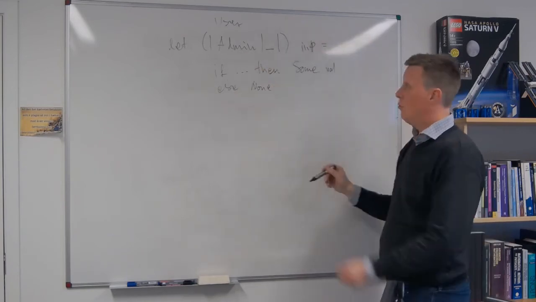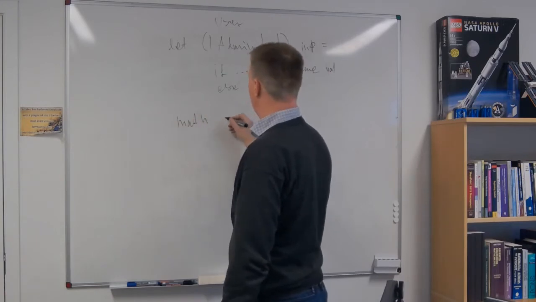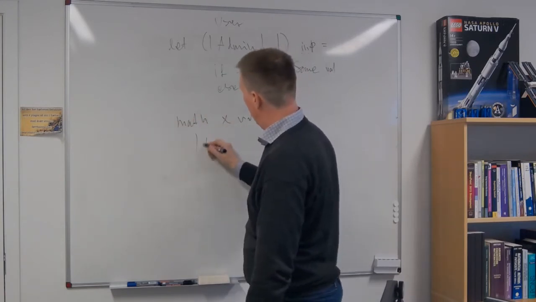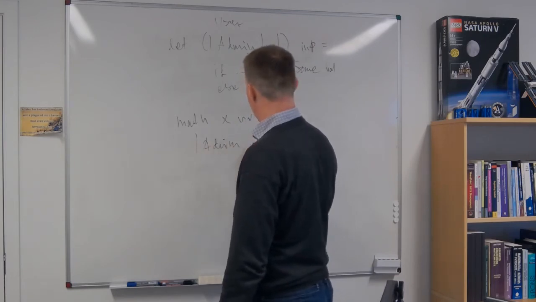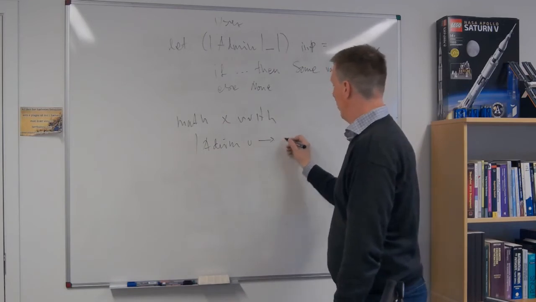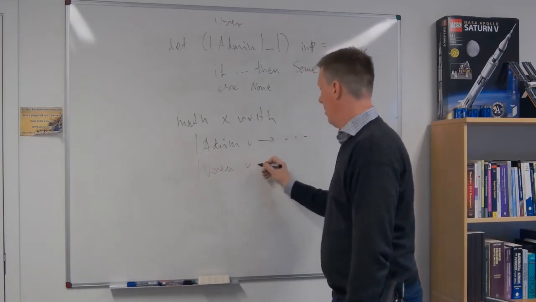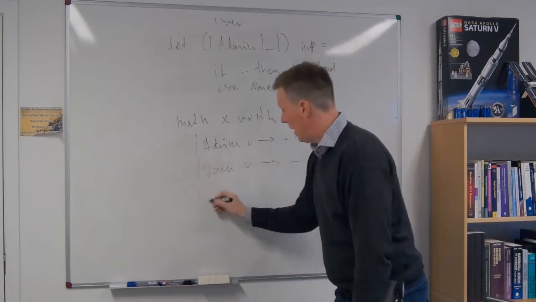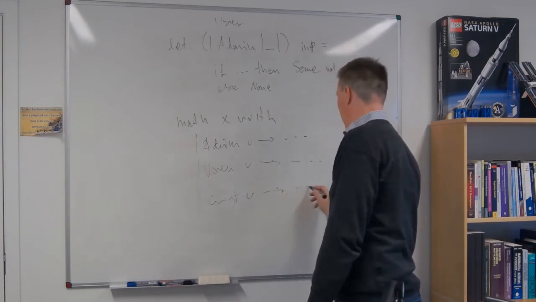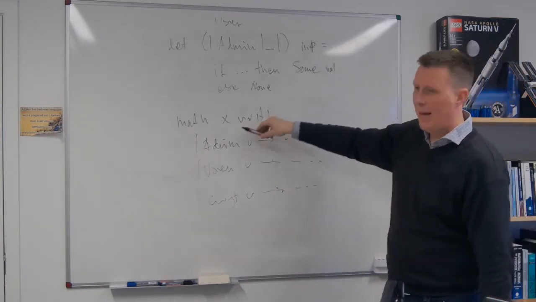Similar functions, one per case, and then I can actually do things like match x with admin u something something, user u, and guest u, and so on.